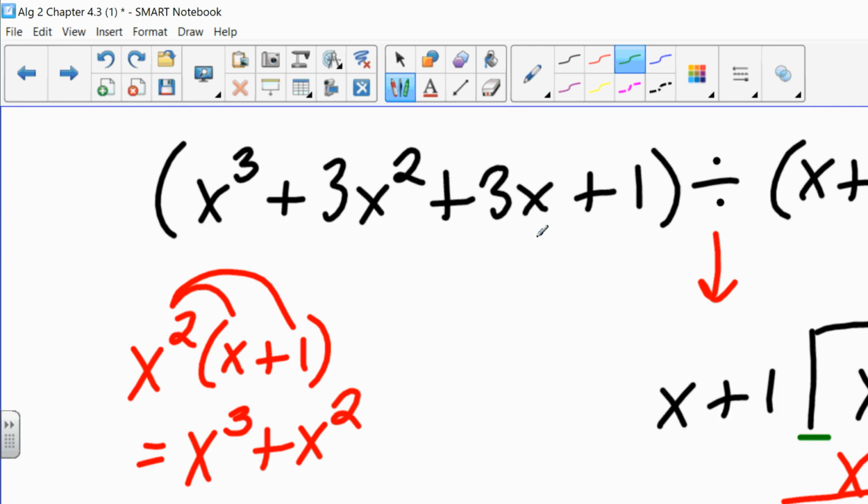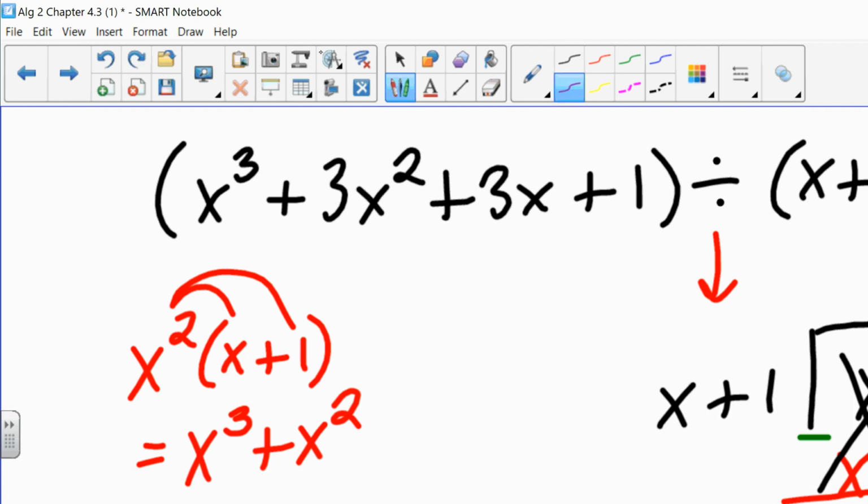We're going to subtract. X cubed minus x cubed is 0. We want those to cancel out. We want the first term for each one of this part to cancel out. Now let's look at the next one. 3x squared minus x squared is 2x squared. 3 minus 1 would be 2.